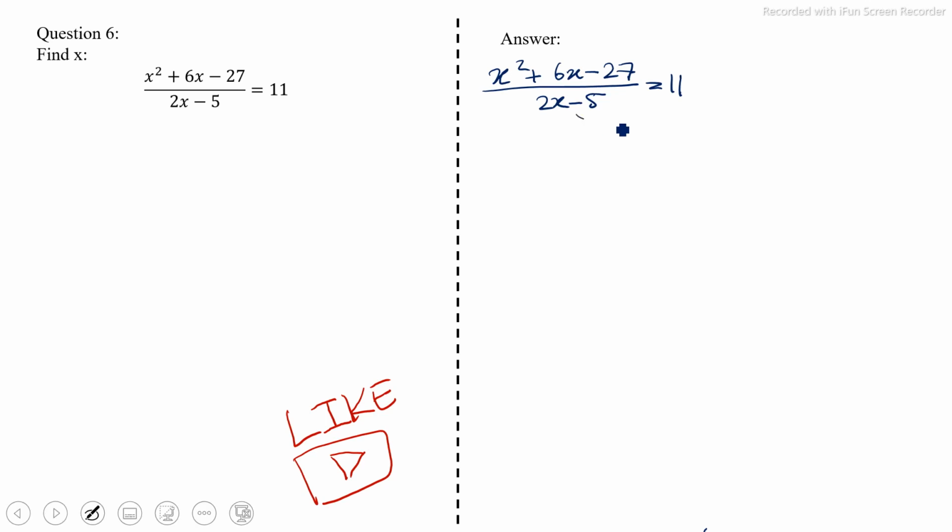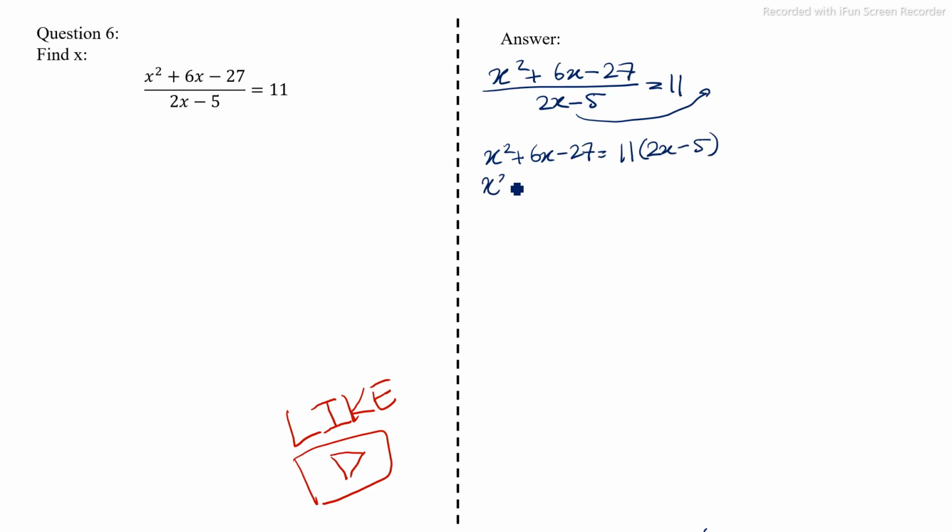We can just bring this over here, basically multiply both sides by 2x minus 5, and then we get x squared plus 6x minus 27 equals 11 times 2x minus 5. Then we can further simplify it. So this equals 11 times 2, which is 22, x minus 55.